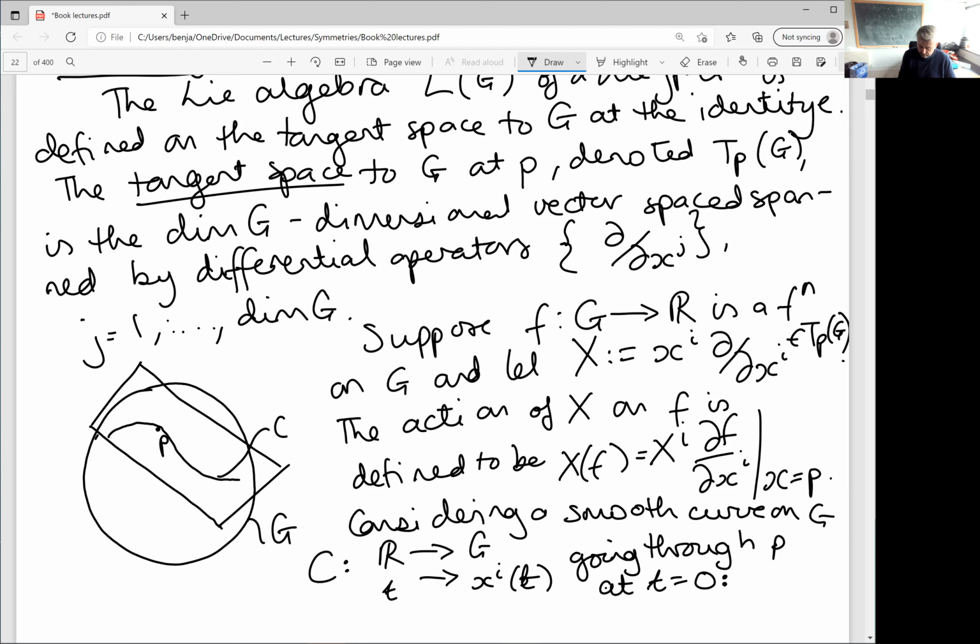In other words, x^i(0) is equal to p^i, the i-th component of p.